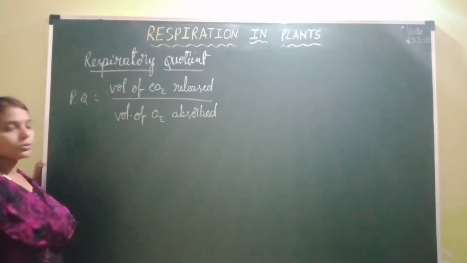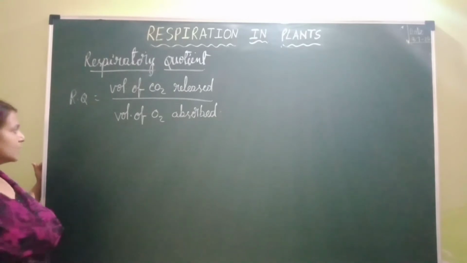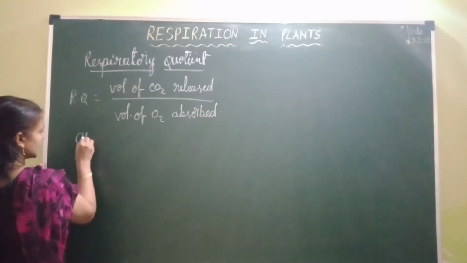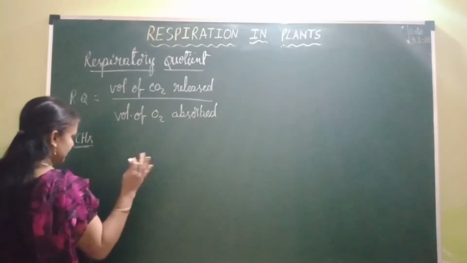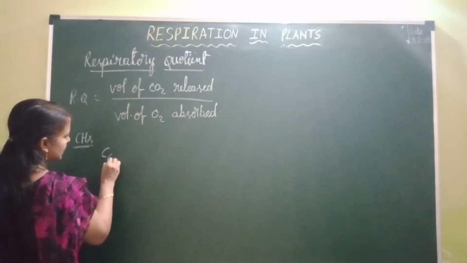This respiratory quotient differs from one type of respiratory substrate to another. So let's start with the respiratory quotient value with carbohydrates. Let's say this is glucose.